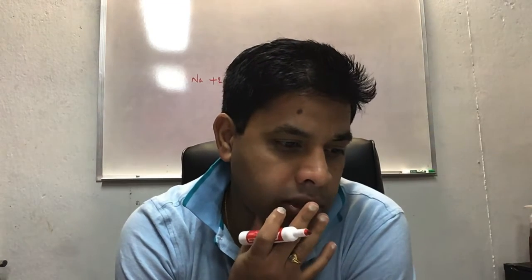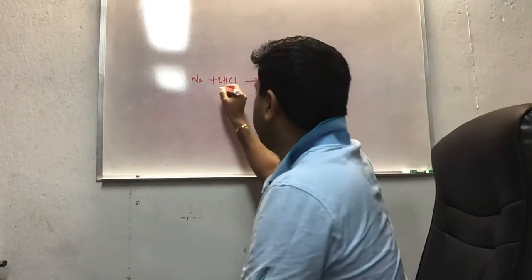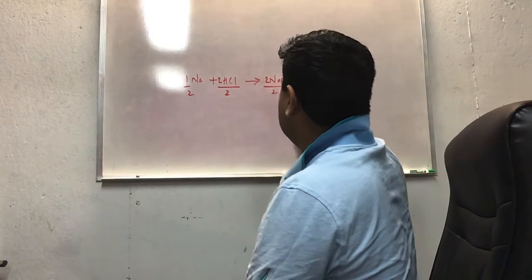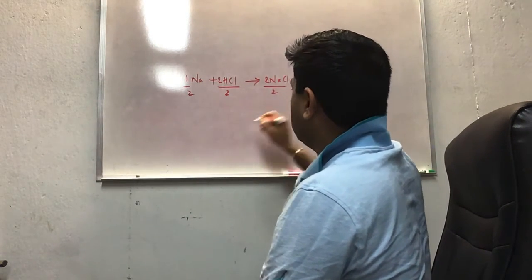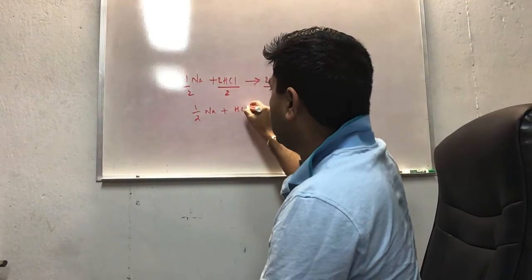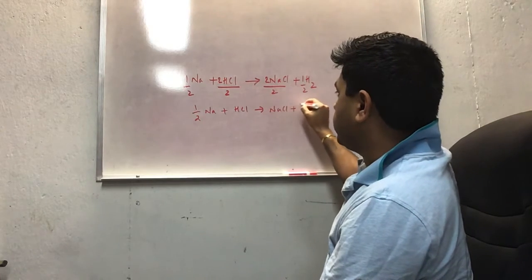If the metal produces 28.3 ml of hydrogen, the mass of the metal that reacts with 1 mole of hydrochloric acid. So I'm going to divide this by 2. So it'll be half Na plus HCl produces NaCl plus half H2.